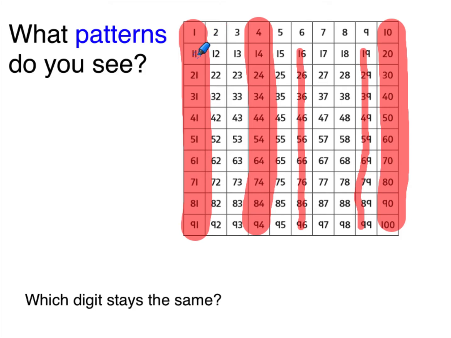The ones digit goes up by 1. 1, 2, 3, 4, 5, 6, 7, 8, 9, and then 0. And the tens digit stays the same. These all start with 9. These all start with 2 till you get to the end. These all start with 5.